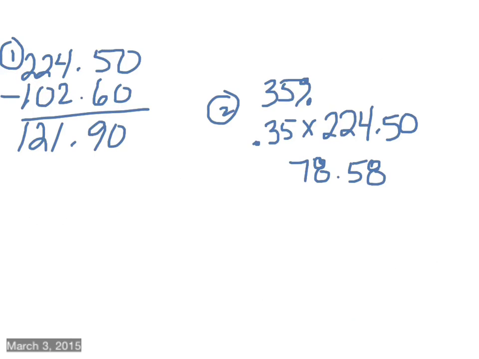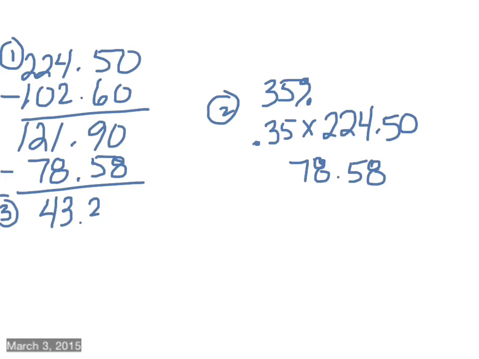The second step that we just found was the overhead. Now to figure out the net profit, we subtract those two numbers. What's $121.90 minus $78.58? $43.32.